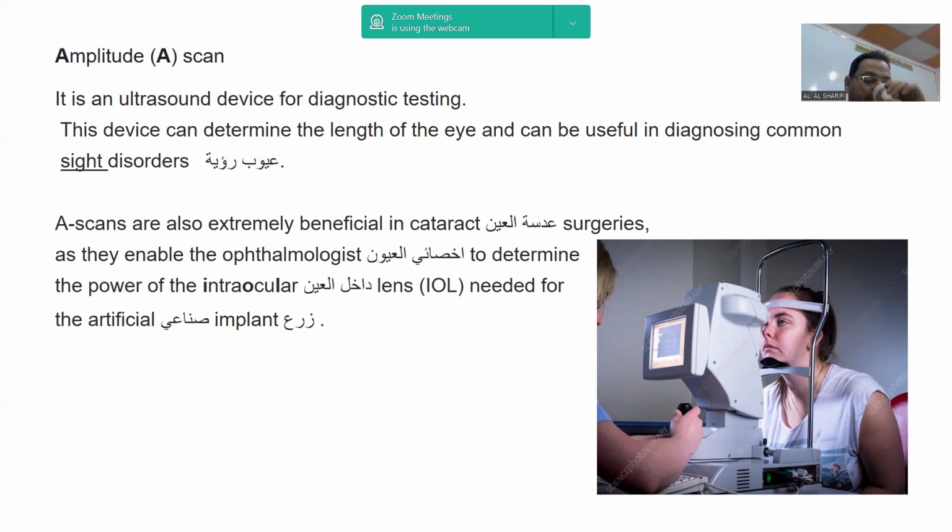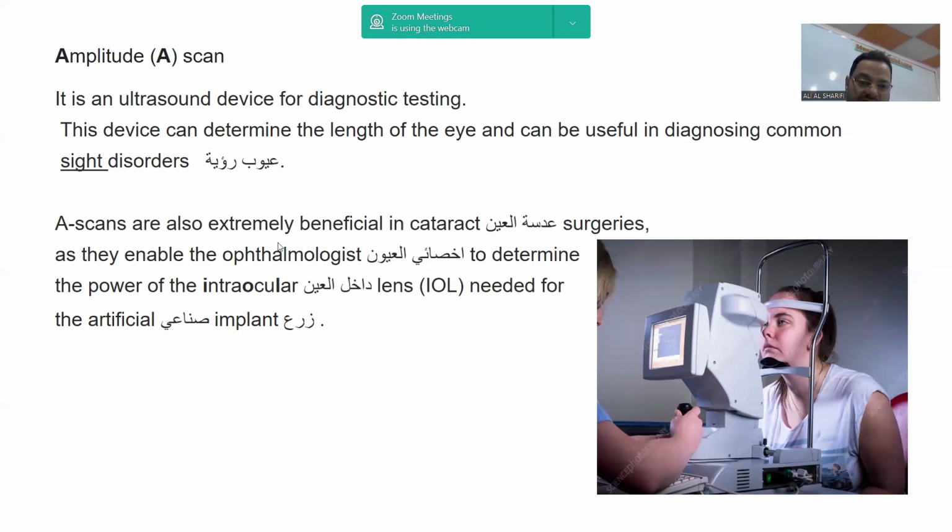To find out some disorders related to your eyes, the A scan ultrasound device will be a good choice.